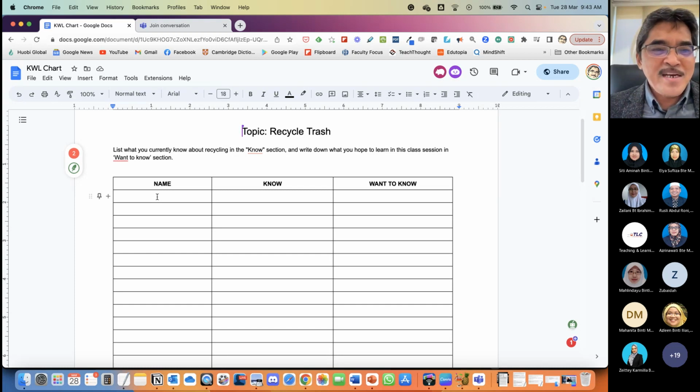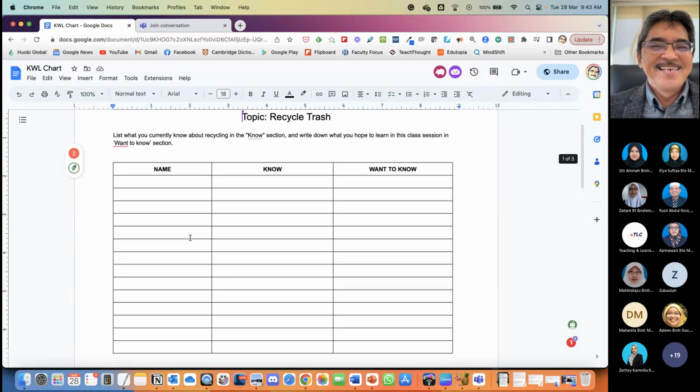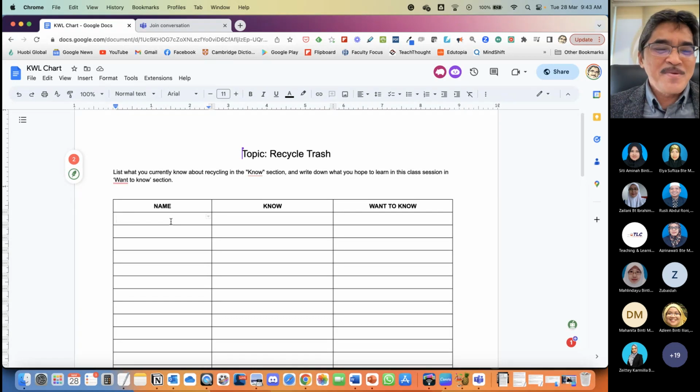Once there is a name, don't disturb that row. There are many rows, there is plenty of space in the table. So put your name. If you don't want to put your real name, you can put any name that you like. But why not just put a real name for the sake of this exercise?